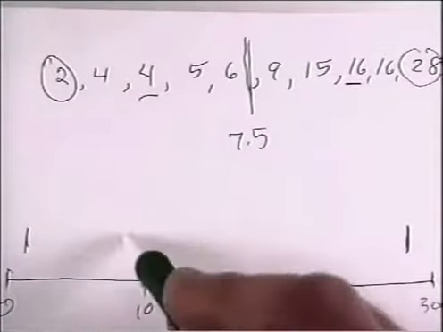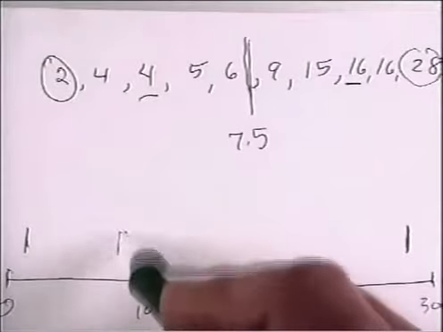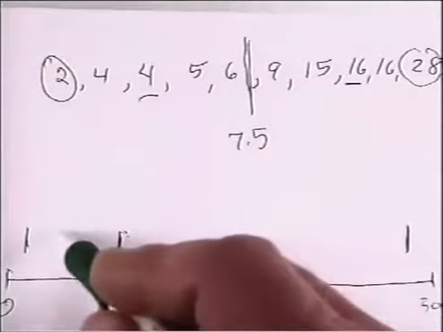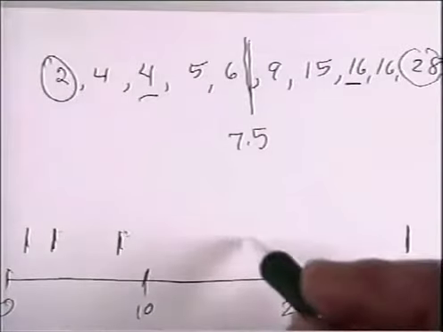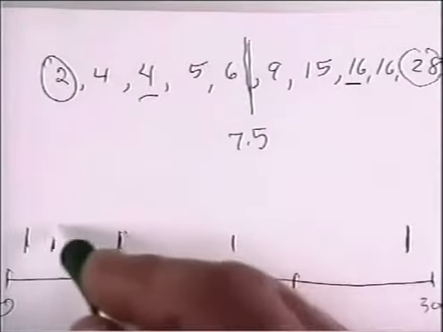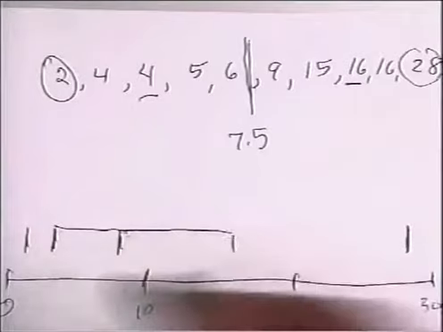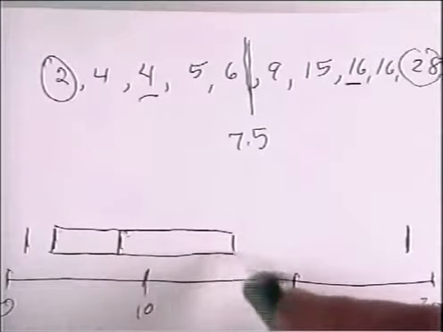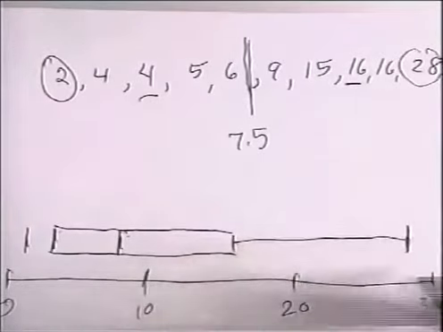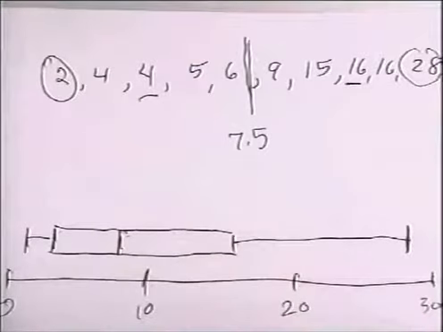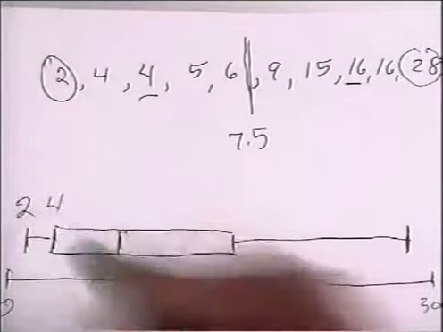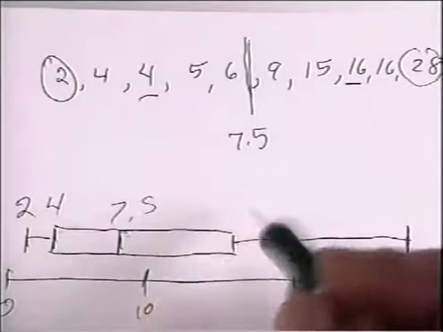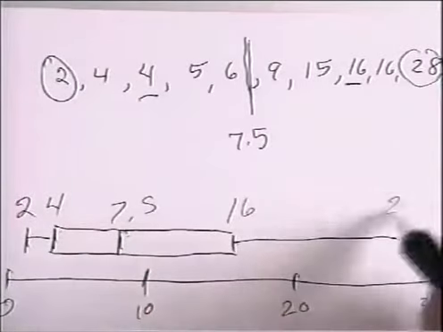The middle is 7.5. 4 would be about here, and 16 would be about here. I put the box between the first and third quartile, and I connect a line up to the top and to the bottom. There's my box plot. This was the number 2, 4, 7.5. This is 16, and this is 28.